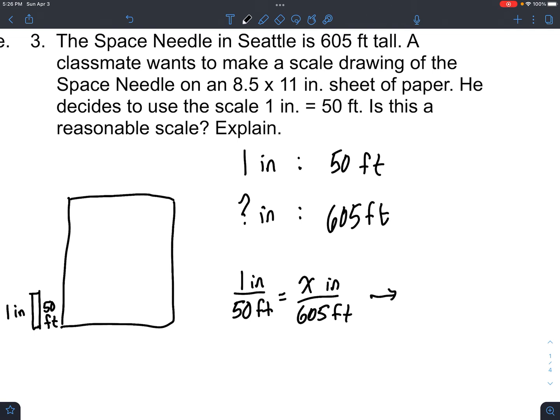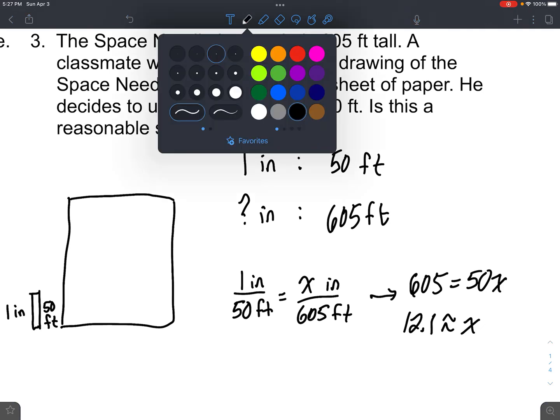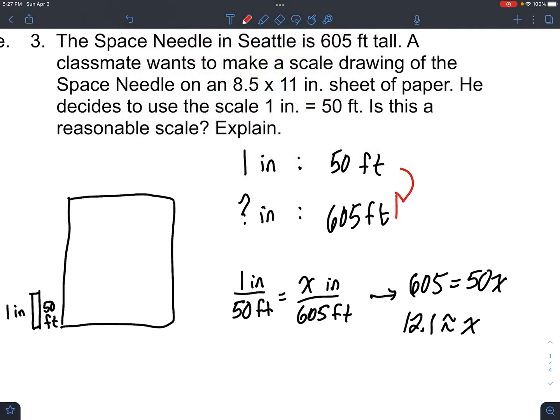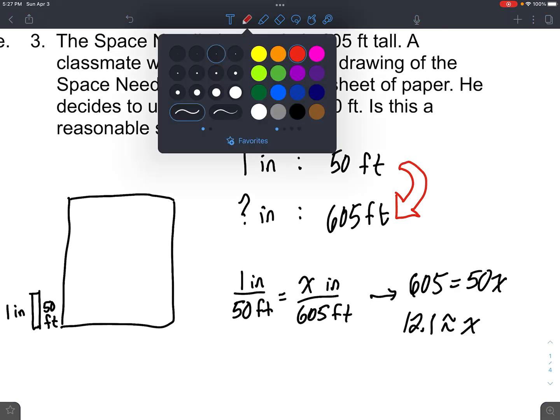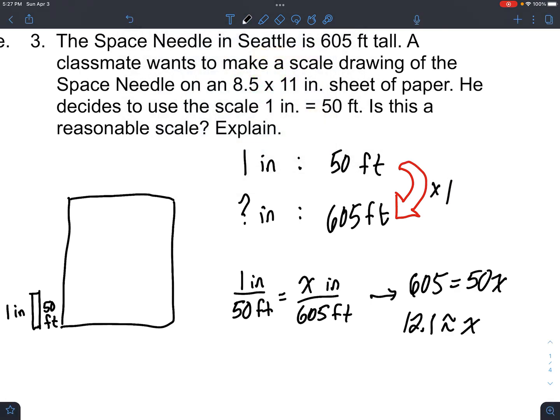You might be more comfortable solving this one, which we just cross multiply since we have an equal sign. And when we divide, I got around 12.1. So the 12.1 is the scale factor from 50 to get to 605.